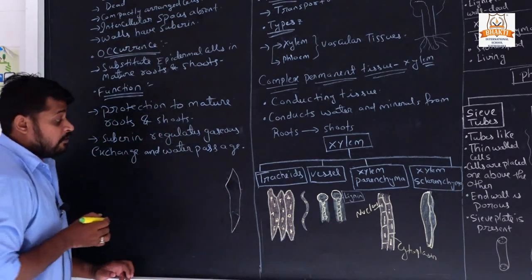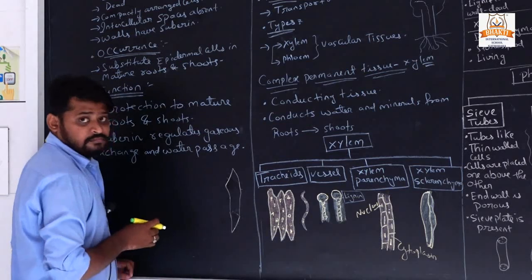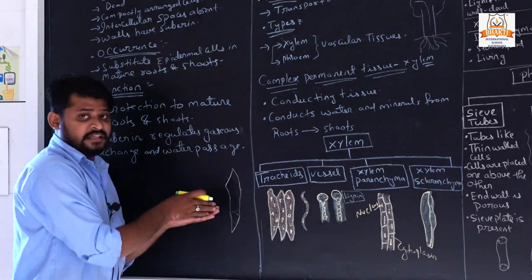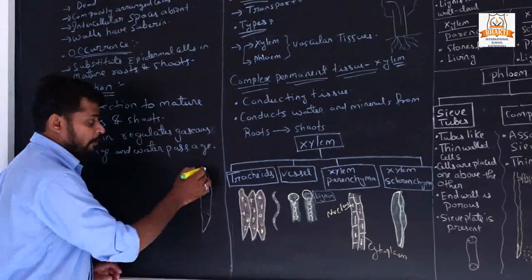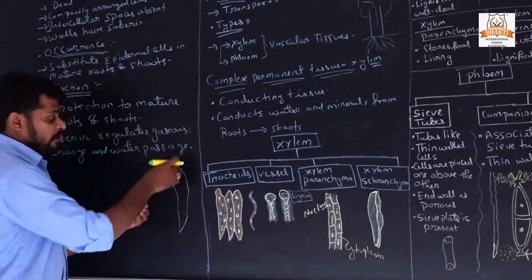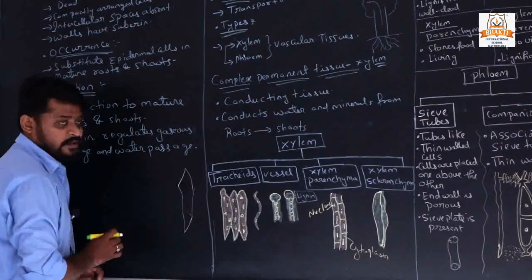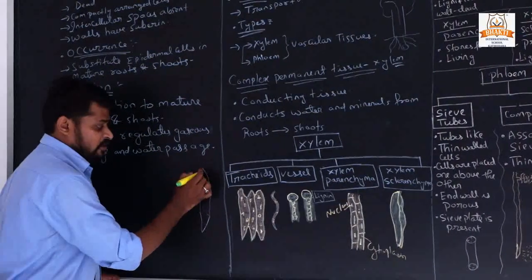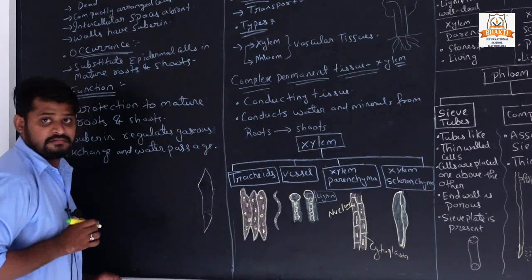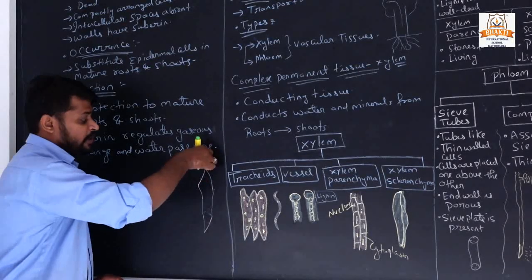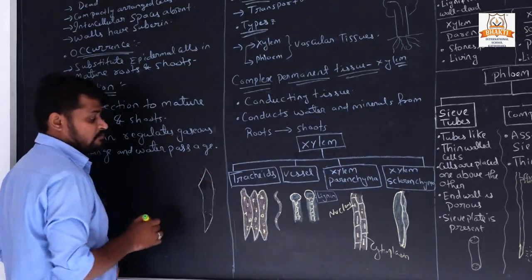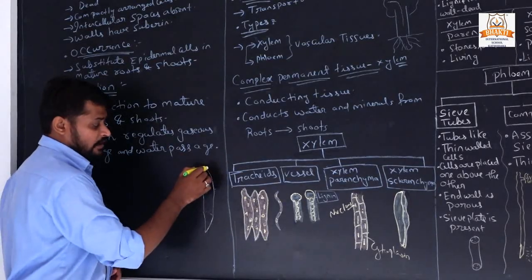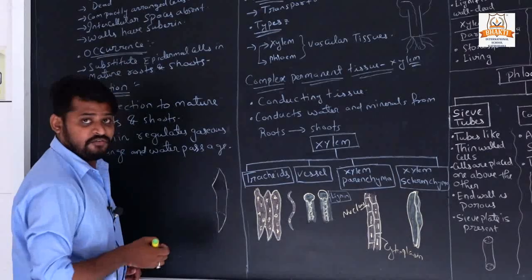What if we want to join one cell to another cell? We would have to join at the top end of the cell, but that is not possible. Why? Because the ends are pointed, so it is not possible to connect another tracheid at the top and end of the cell.